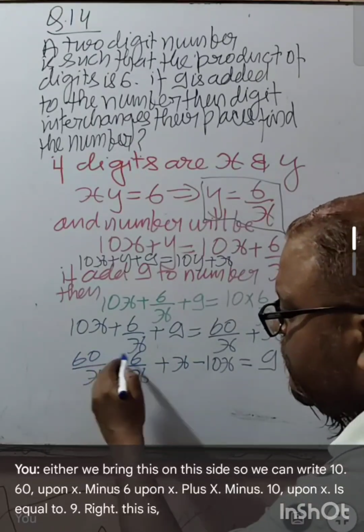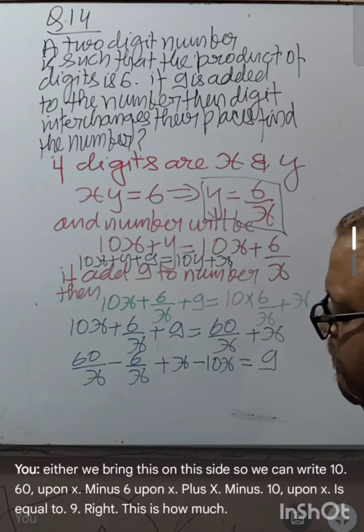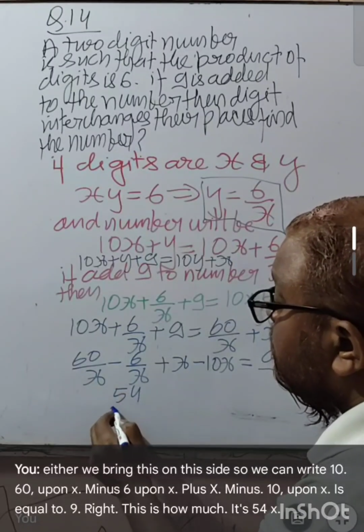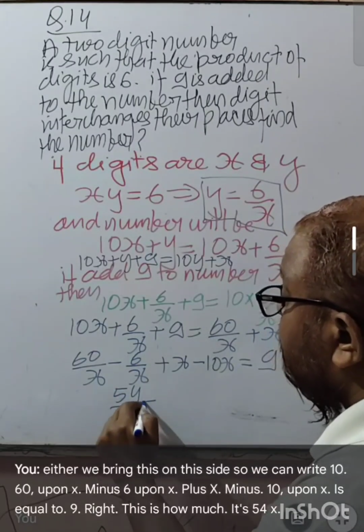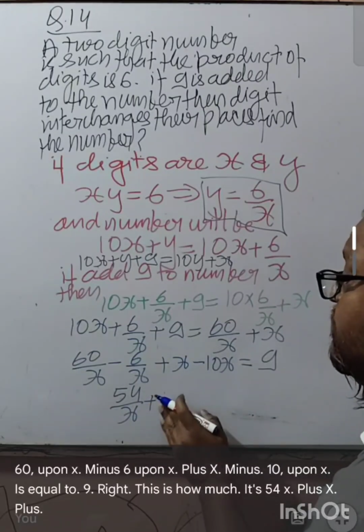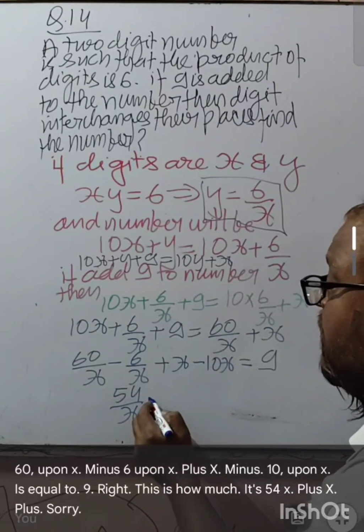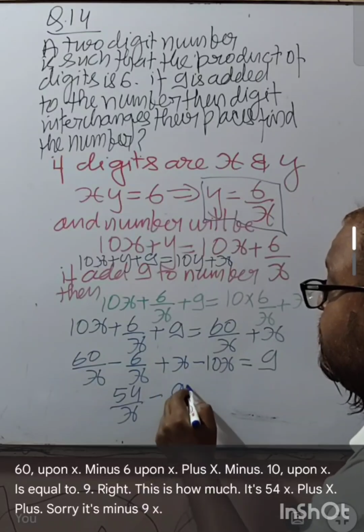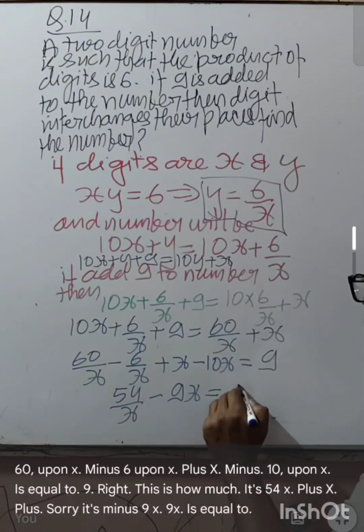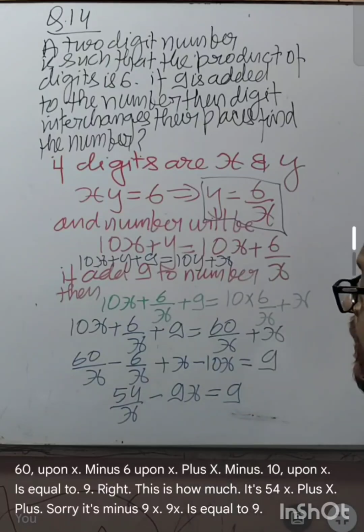This is 54 upon x minus 9x, so 54 upon x minus 9x is equal to 9, right?